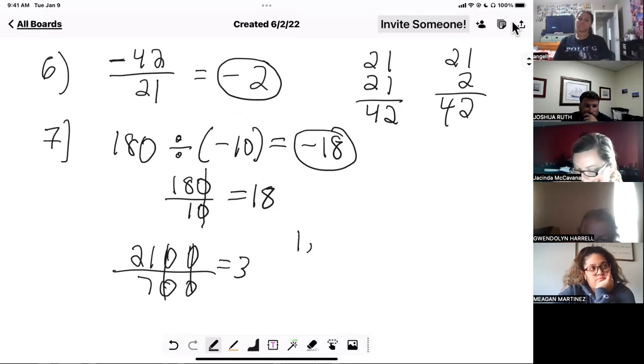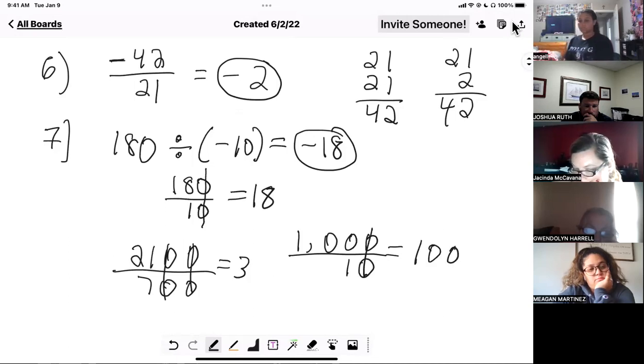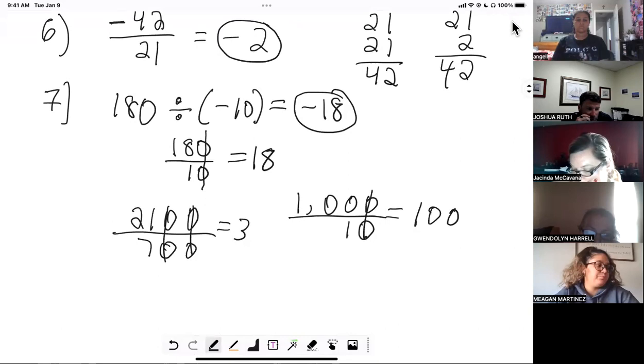If I have 1000 divided by 10, then my answer is really just 100. Because what you're doing is you're dividing by 10 when you take the zeros out. So again, just a little shortcut, something to help you if you need it for anything. Little shortcut dividing by tens or multiples of 10.